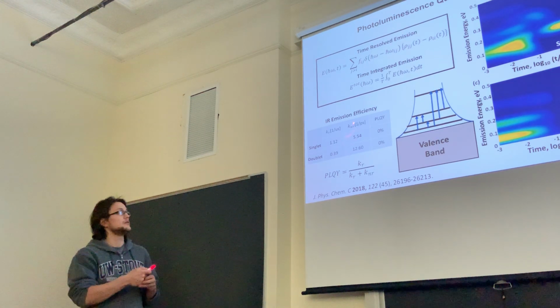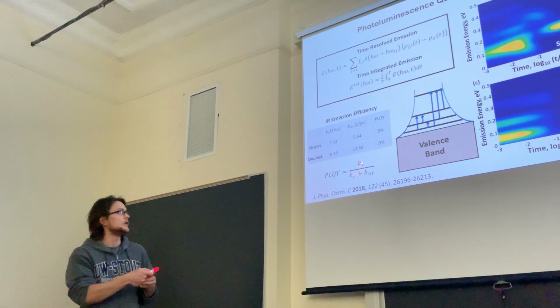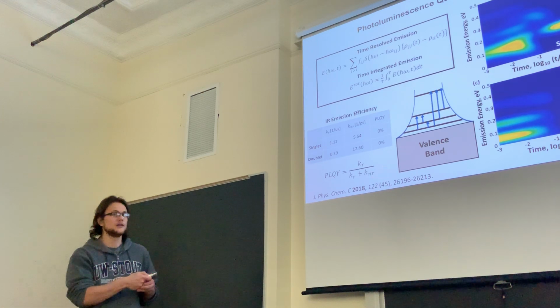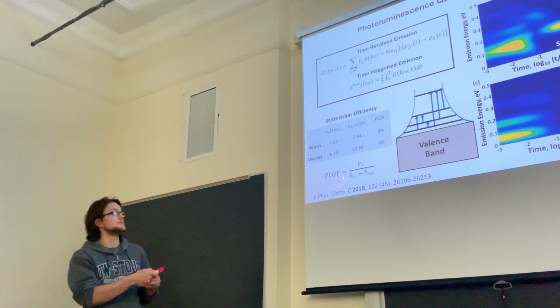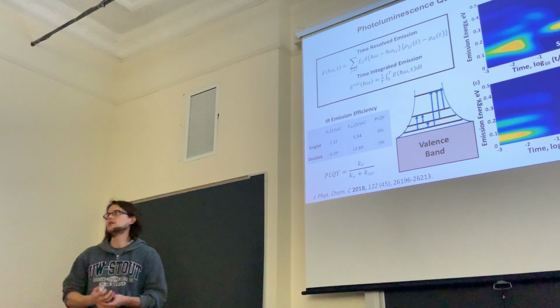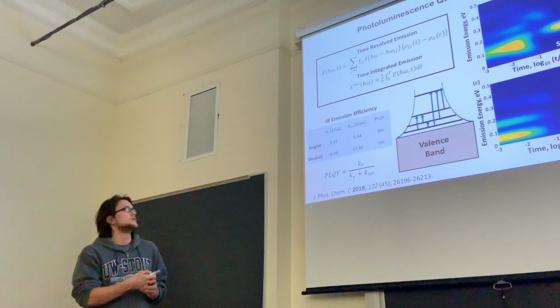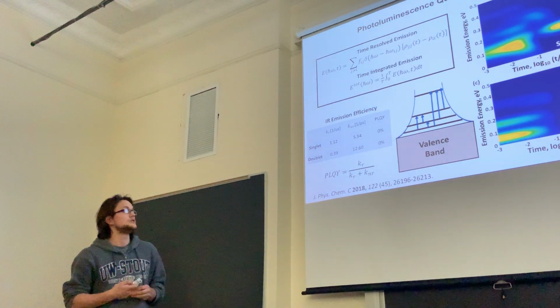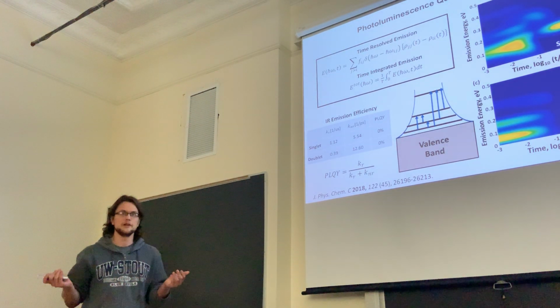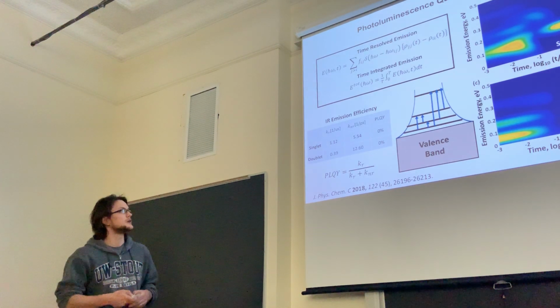And so essentially, if you just think about how to calculate photoluminescence quantum yield, it's the radiative over the sum of radiative and non-radiative. And since the non-radiative is 6 orders of magnitude quicker, you have a very large denominator, and so you have essentially 0 photoluminescence quantum yield. And so that just kind of shows that if we're going to see IR emission, it's probably going to come from the negative polaron, which is kind of what we suspected earlier, which is kind of leading into this project.